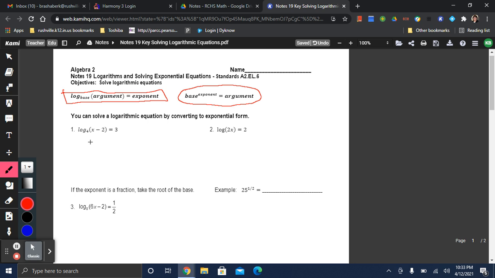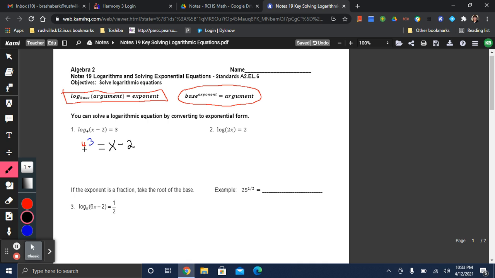So we'll start with this number 1. The 4 is the base. The 3 is the exponent, and it equals the argument x minus 2.